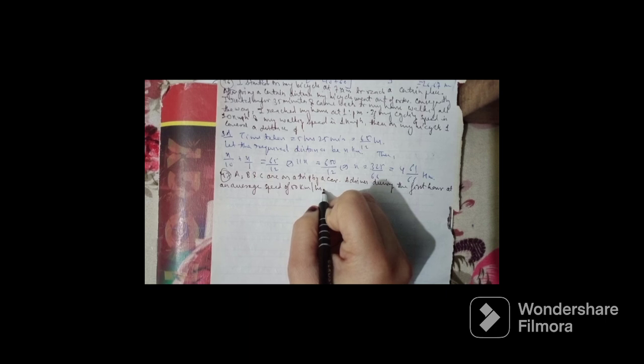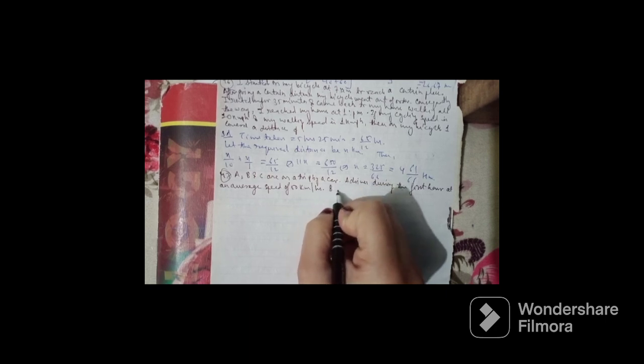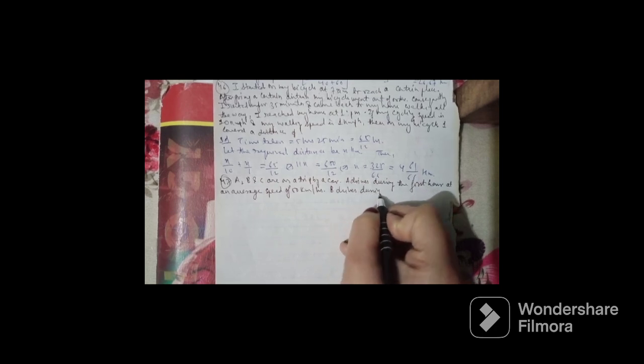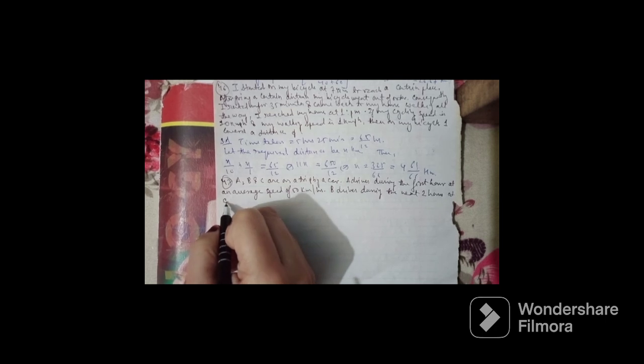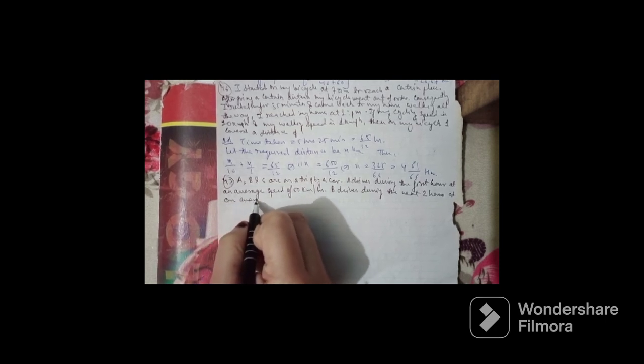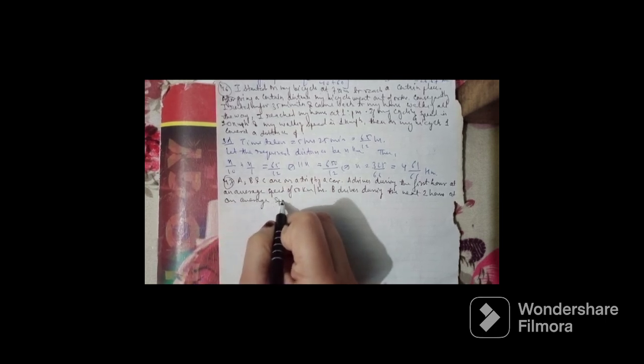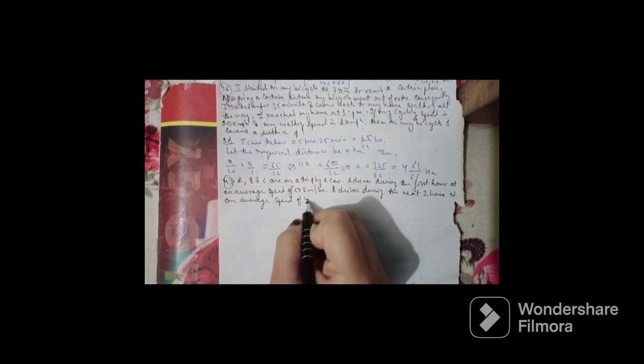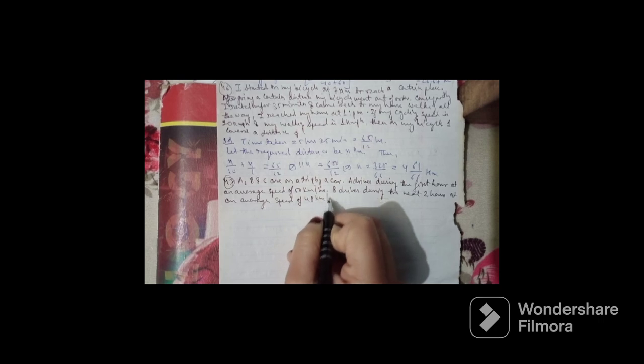B drives during the next 2 hours at an average speed of 48 km per hour.